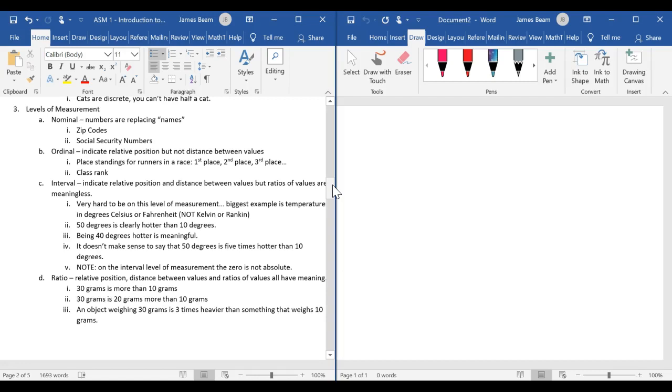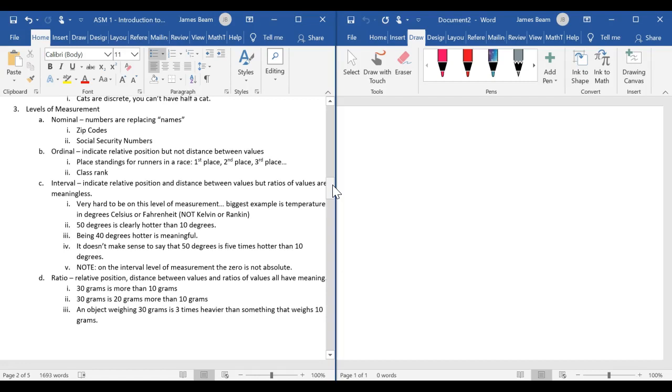All right, so the lowest level of measurement is nominal. This is the place where a number is standing in for a name. So like your social security number is used instead of your name, or a zip code like 21236 is a number that means Nottingham, Maryland, or 21221 is a number that means Essex, Maryland.